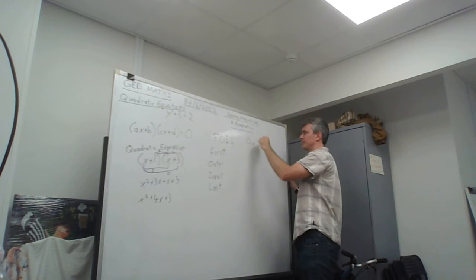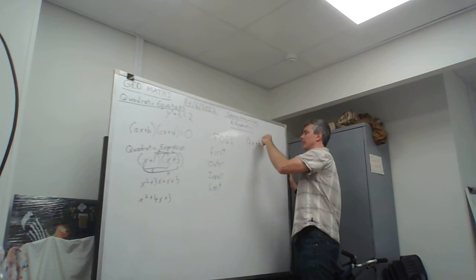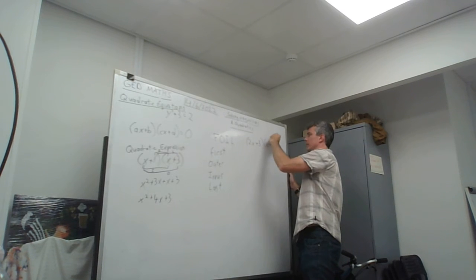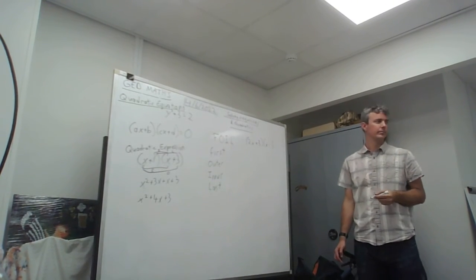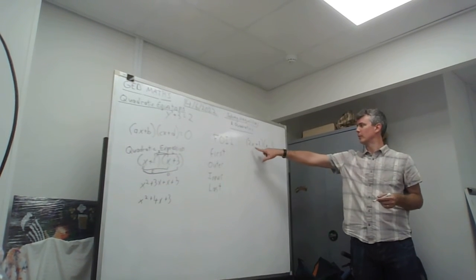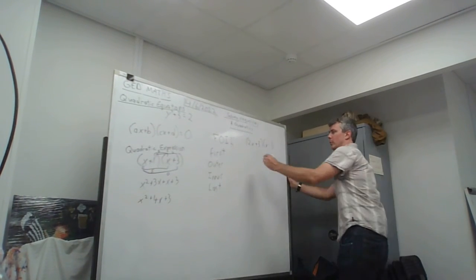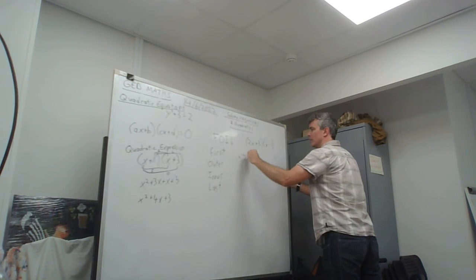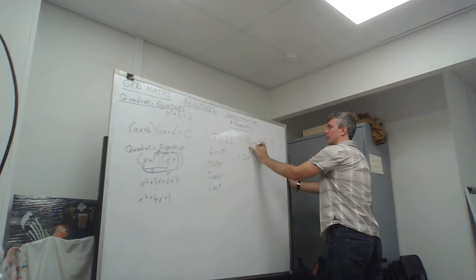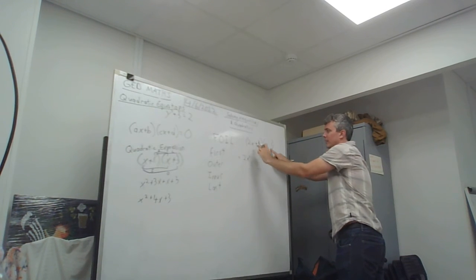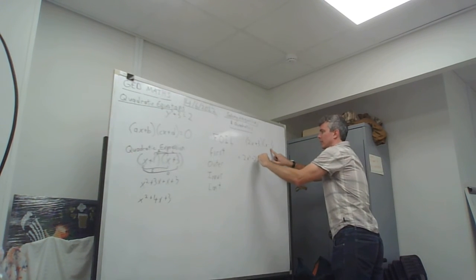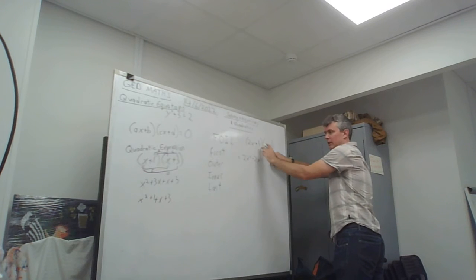2x plus 3 times x minus 1. So first is what? 2x squared. Then we do the outer, minus 2x. Then we do the inner, plus 3x.